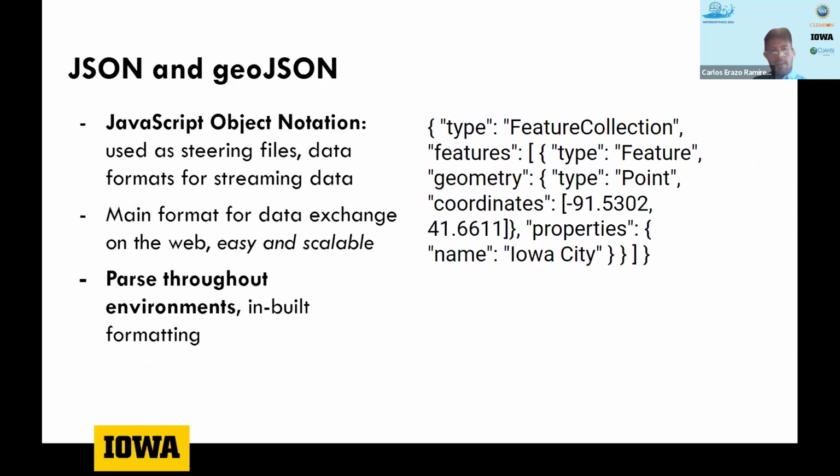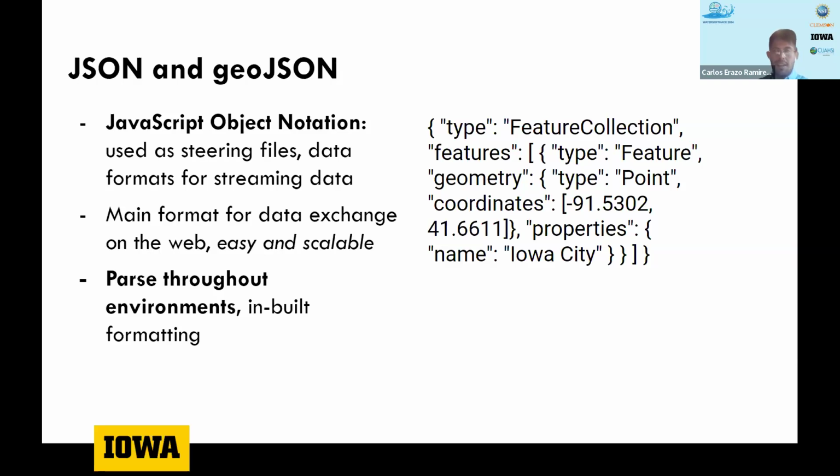So I'm going to explain more about JSON and GeoJSON, and these are the main web formats that you're going to be seeing across web applications. JSON stands for JavaScript Object Notation. It is a standard that has been established by the World Wide Web Consortium.